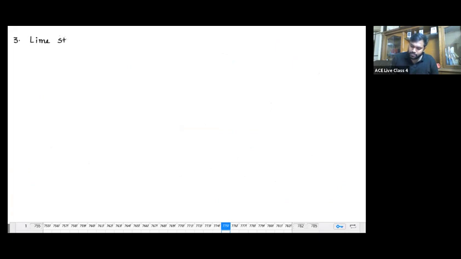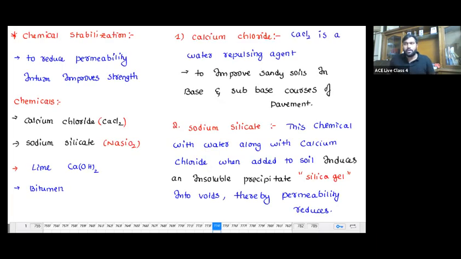And next, the third one: lime stabilization, which is nothing but lime. Now you tell me, where do we need to add lime? Any harm to the environment? No, it won't harm the environment. Whatever ground modification we do, the chemicals that we add should not be hazardous to the environment.